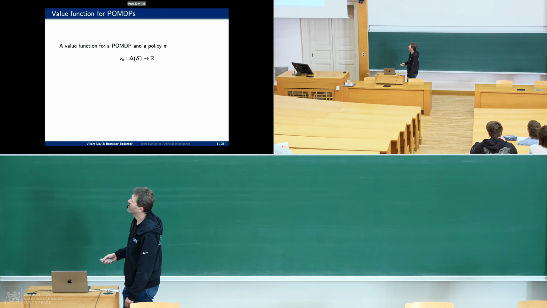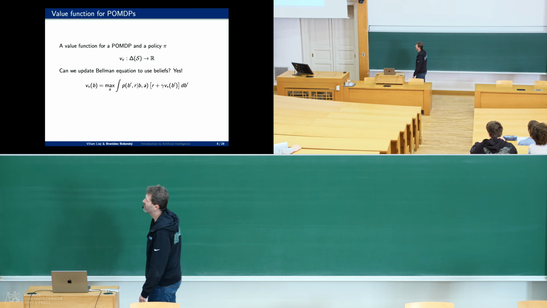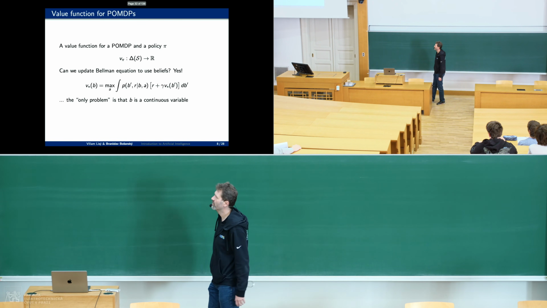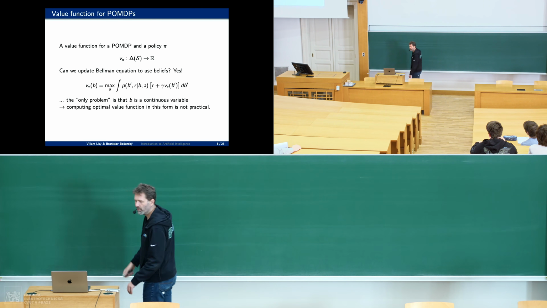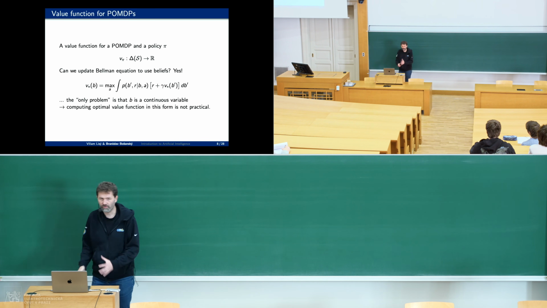And for POMDPs, the main difference is that we are integrating through possible belief points, because this is a continuous variable, and we don't have enumeration through specific probability distributions, specific belief points.